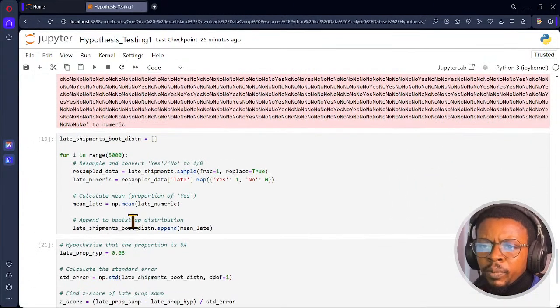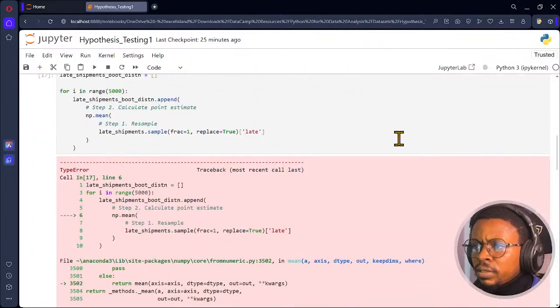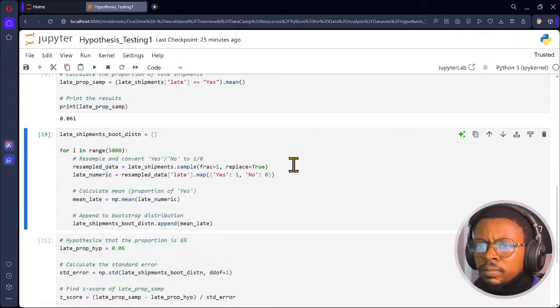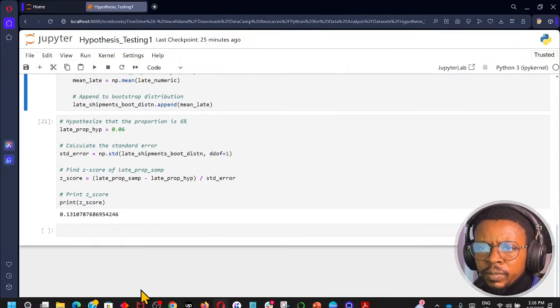So we're able to calculate the mean proportion of yes. So I could just delete this one. Let's now see if our calculation got the same results. Mean proportion of yes. Now the z-score here.